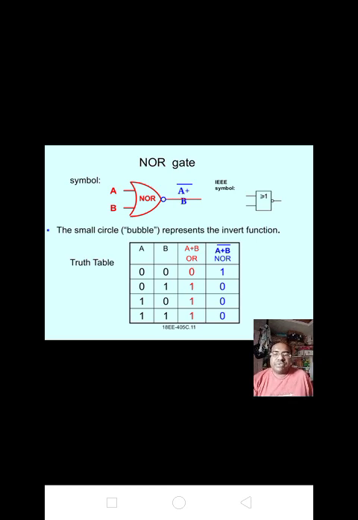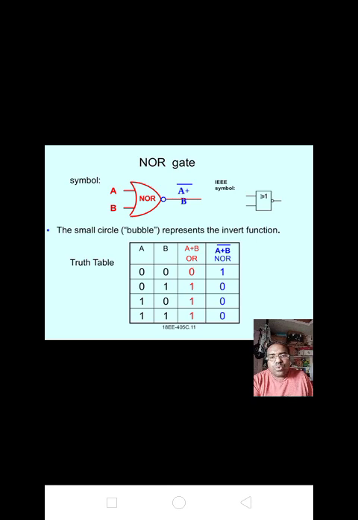A, B are the inputs. We get the output Y equal to A plus B whole bar. The IEEE symbol was also given. Please make a note of it. The small circle bubble represents the invert operation.